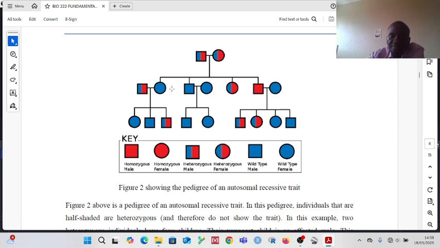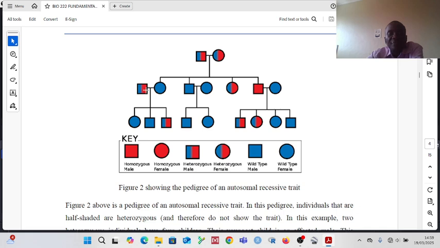The first one is a normal child, who is female. The second one is a normal child, who is male. The third one is a heterozygous female. Then the fourth one is a homozygous male.